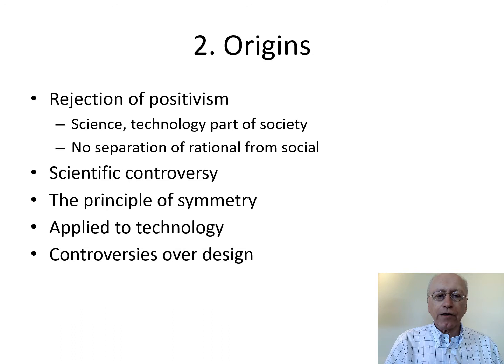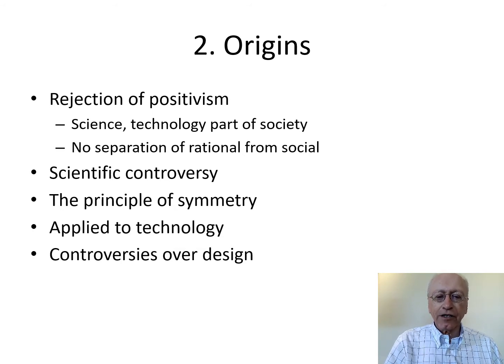They introduced what they called the principle of symmetry, according to which you could not claim that the winners in scientific controversies were rational, whereas the losers were simply influenced by social prejudices or customs of one sort or another. Rather, both losers and winners were influenced by rational and social considerations, according to this famous principle of symmetry.